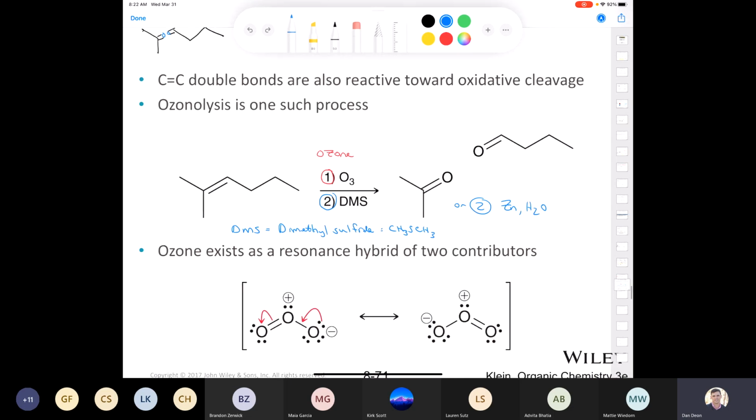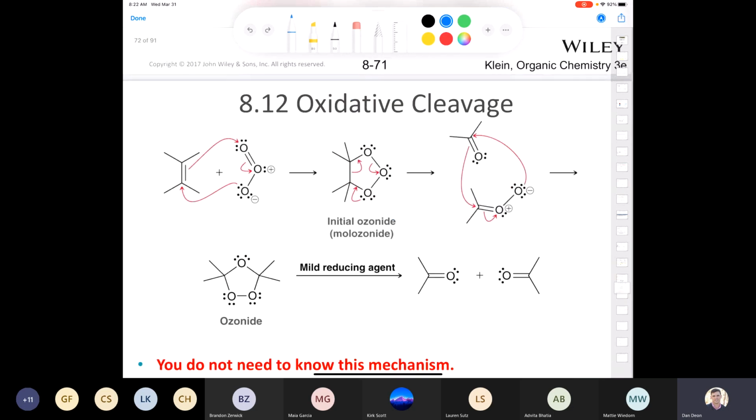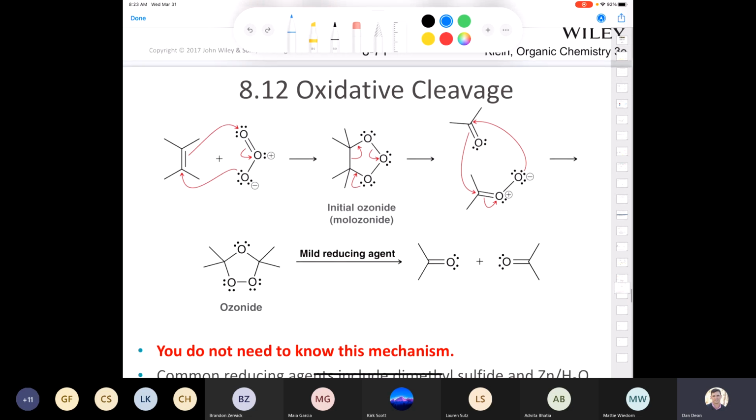Again, the textbook goes into a little bit of detail about the mechanism. So you form what's called a molozonide, then it rearranges to an ozonide, and then the reducing agent, which is the second step, is either DMS or it can be zinc and water. Either one works. You don't need to know this mechanism.